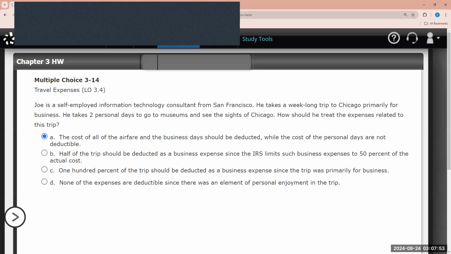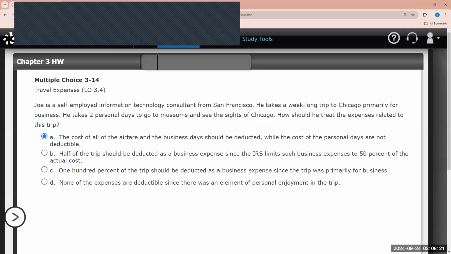So whenever a taxpayer has a trip that includes both business and pleasure, they can deduct only the costs that are associated with the business portion. So you definitely want to keep that in mind. And there's one nuance. If it's within the United States, there's some different rules, some special rules and limitations that apply to travel that includes both business and pleasure when you travel outside of the US.